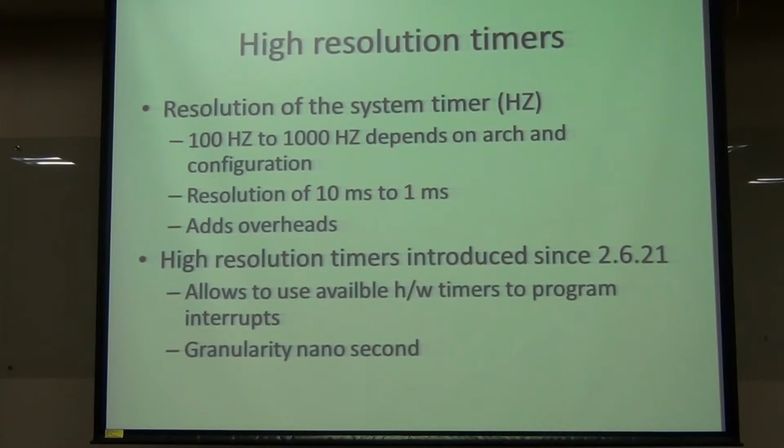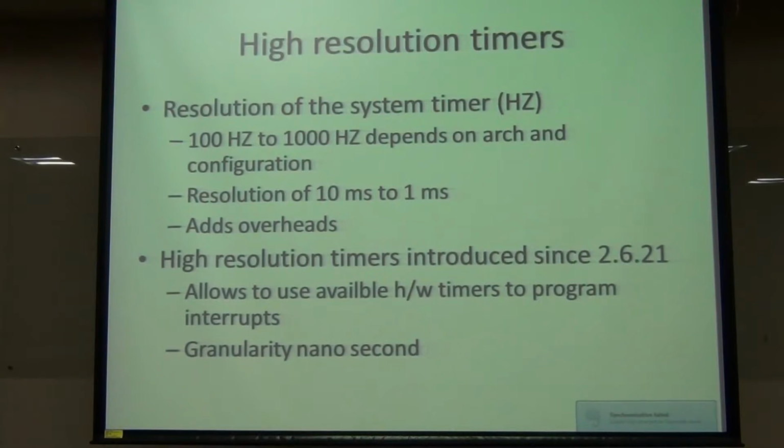Another one that's also introduced by this preemptive RT patch is high resolution timers. With the existing timers, the granularity is too coarse, and they are not sorted based on time. They are bucketized, so the accuracy and granularity is not suited for your precision real-time applications.